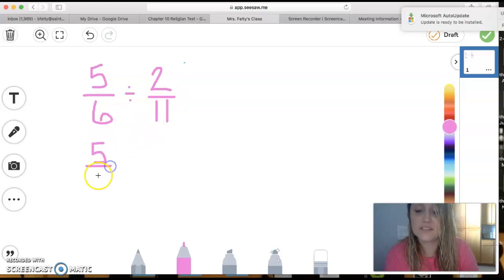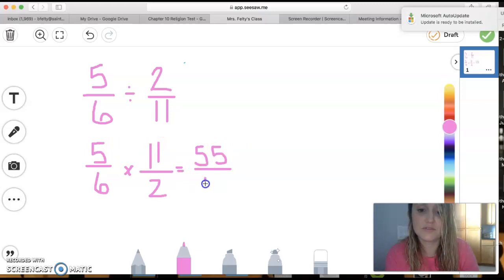So we're going to do 5 6, flip the second number and multiply. Okay, so 5 times 11 is 55. 6 times 2 is 12. Then we'd see how many times 12 can go into 55, which is 4.